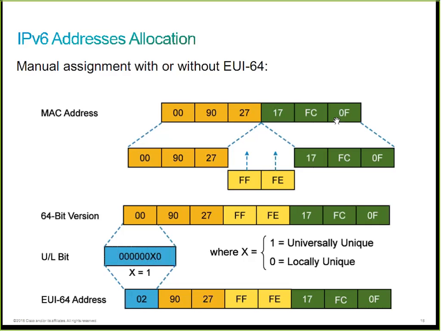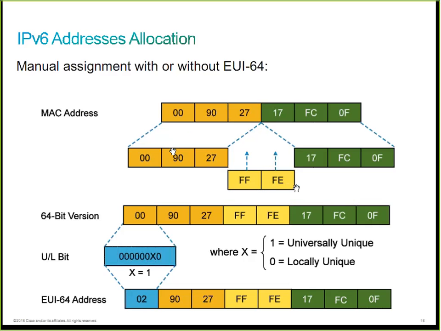So what they do is they break down this MAC address into two parts. As you can see here, 6 digits and 6 digits. Between those 6 digits, they'll introduce this value of FFFE. So you take any MAC address, break it down into two parts, and in between you add FFFE, and that's what will make it 64 bits, because FF would be 8 bits, FE also would be 8 bits.